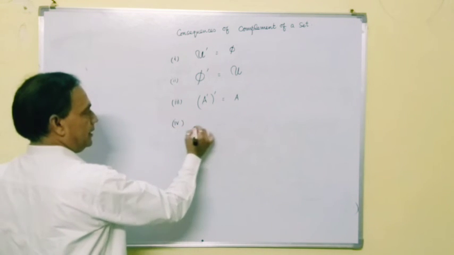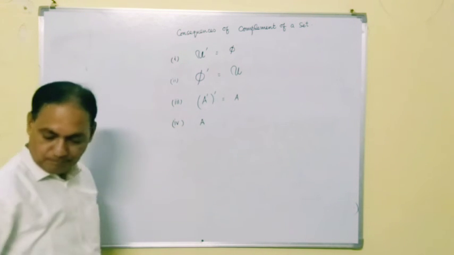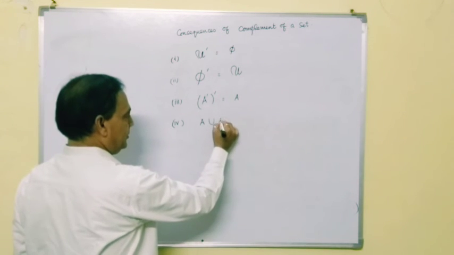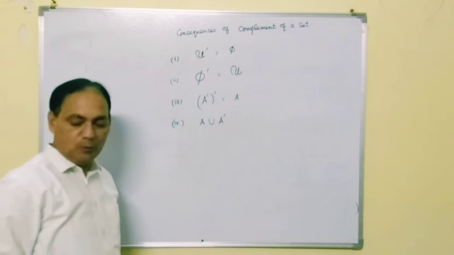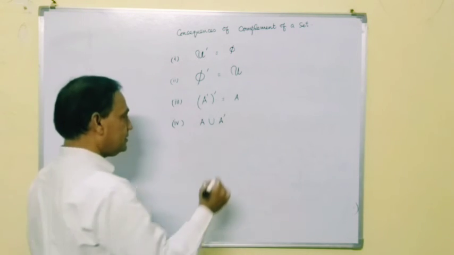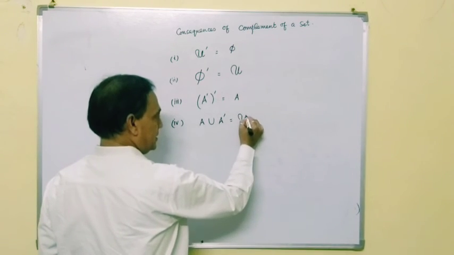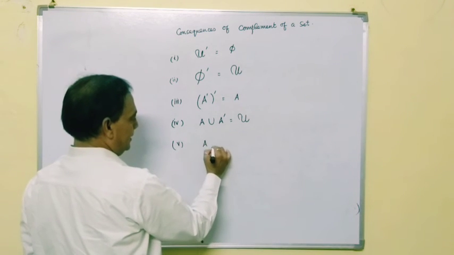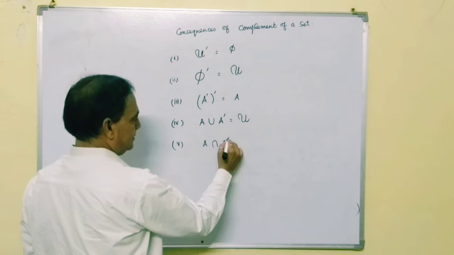Number 4, A union A dash. What will be this set? This is universal set, and this A intersection A dash.